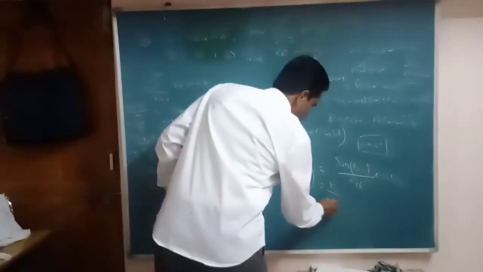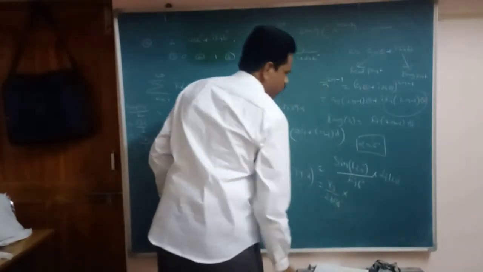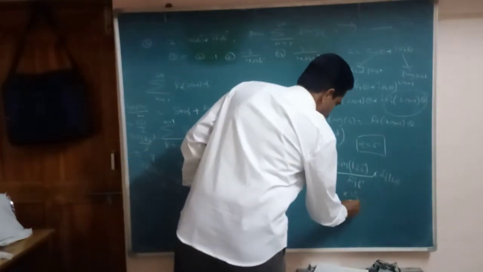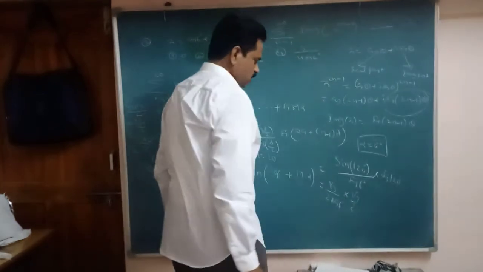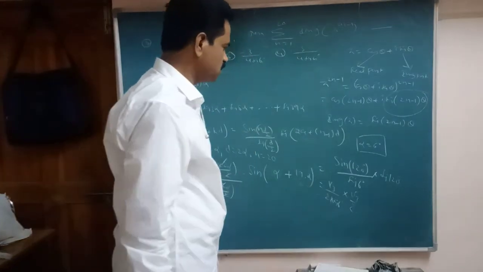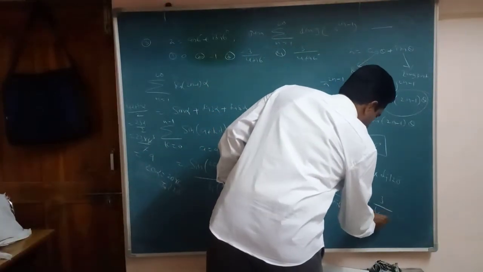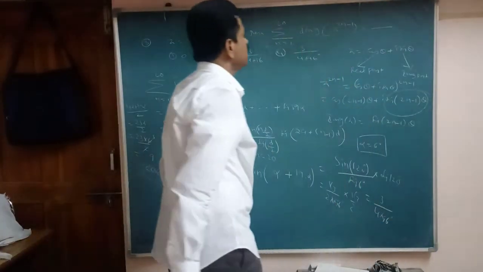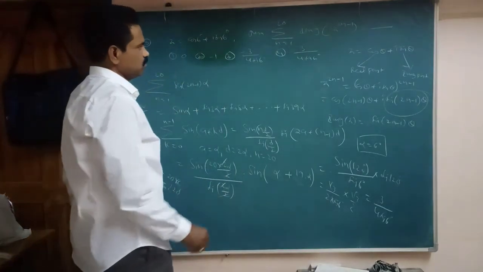Root 3 by 2 into sin 6 degrees, into, it is also root 3 by 2. So root 3 into root 3, it is 3 by 4 sin 6 degrees. So fourth option.